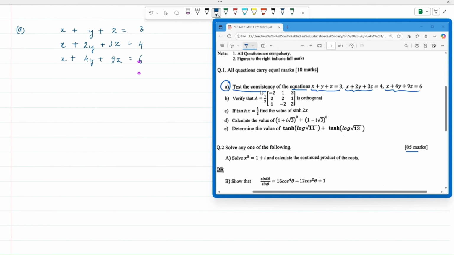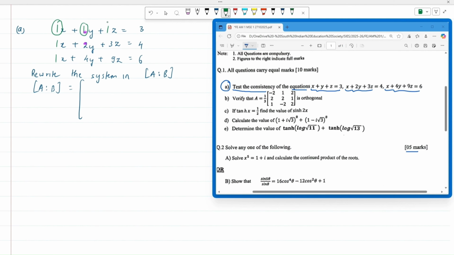Now to test the consistency, we are going to take help of the system of equations written in matrix form. So first of all, let us rewrite the system in matrix form. And in this case, we are going to use augmented matrices. So A augmented B in this case is going to be the coefficients of the variables in all the 3 equations, which constitute the coefficient matrix.